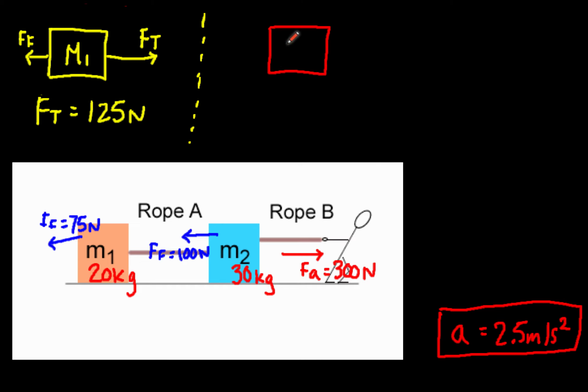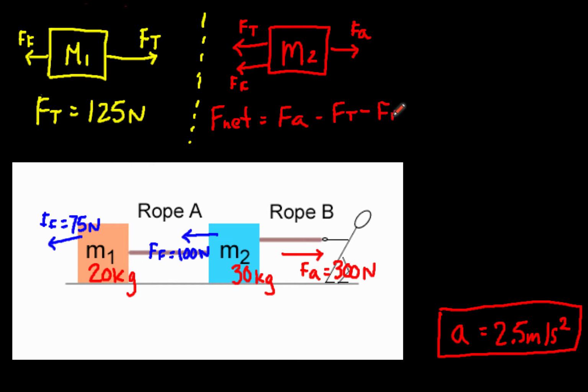Mass 2 is the 30 kilogram mass. It's being pulled back by a force of tension as it drags mass 1 along. It also has 100 newtons of force of friction and an applied force being pulled in the other direction. So the net force is the force applied minus force of tension, also minus force of friction. There's 3 forces.